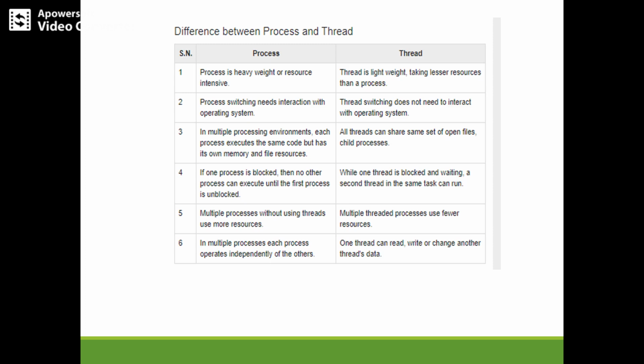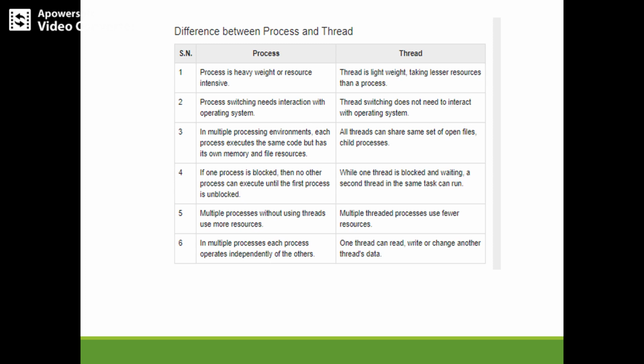So that is a major drawback. If that process is taking a long time, the next process has to wait until the previous process has completed. Otherwise, it is blocked, right? Whereas in a thread, if the thread is blocked and waiting, a second thread in the same task can run.